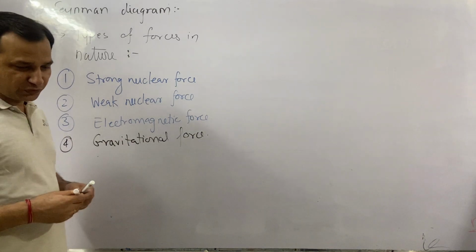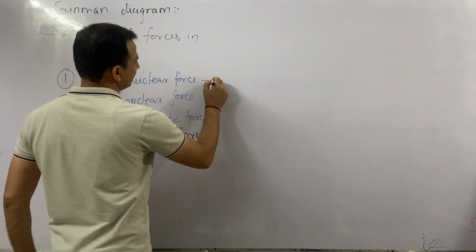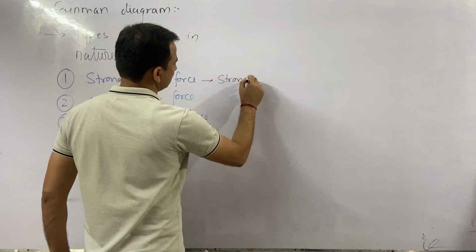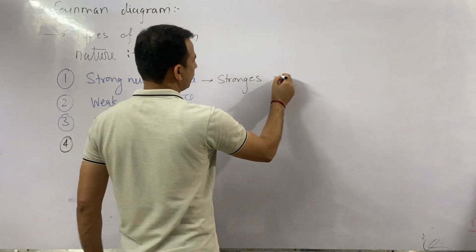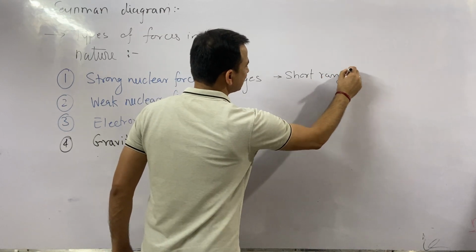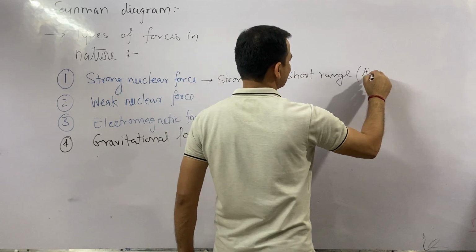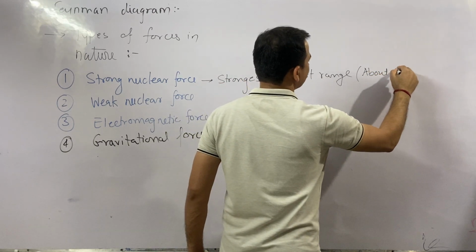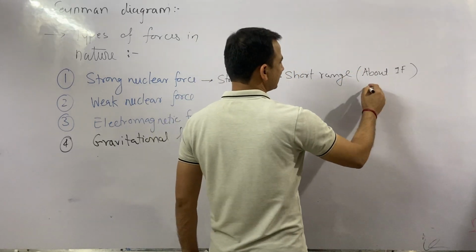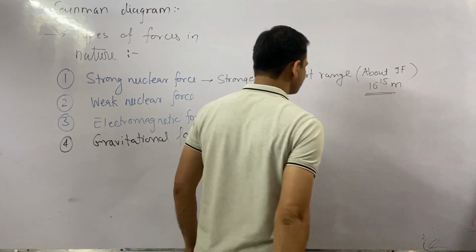The strongest force in nature is the strong nuclear force, but short range. And what is the order of the range? About 1 Fermi. It means the range is about 10 power minus 15 meter.